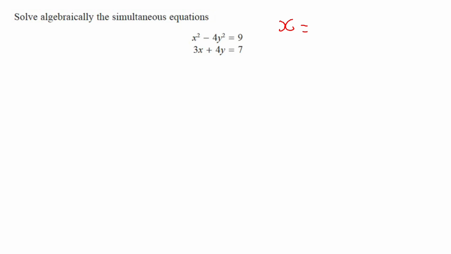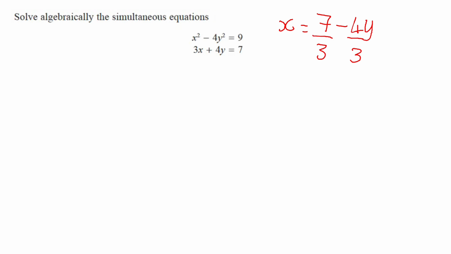So instead of writing it as one fraction, I'm going to separate them out because it's going to make it a lot easier when we are substituting it in and having to collect like terms and so on. I'm going to keep them as fractions because they will not be accurate as decimals. So we need to keep these as accurate as possible.